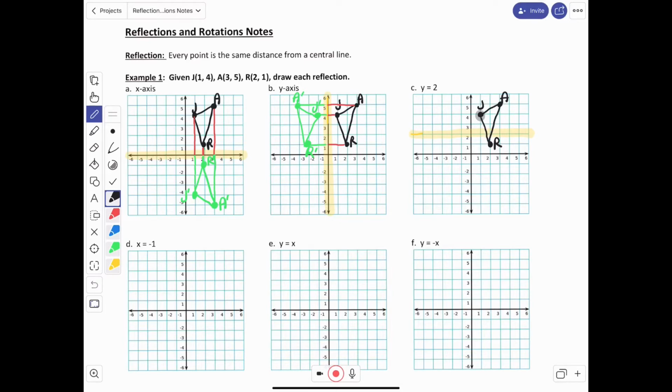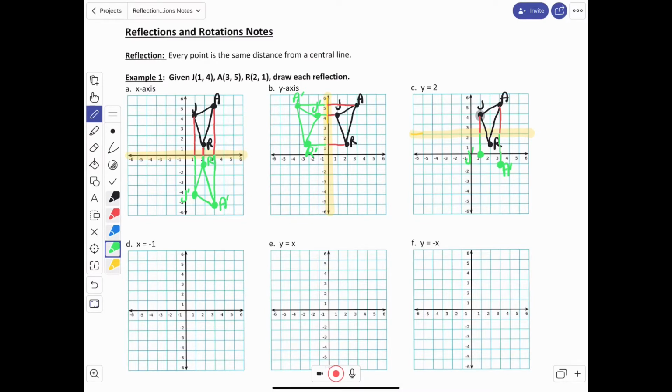You still want to reflect across each line. J is 1, 2 units away, so we would go 1, 2 units away. So here's the new J. A is 1, 2, 3 units away, so 1, 2, 3 units away.